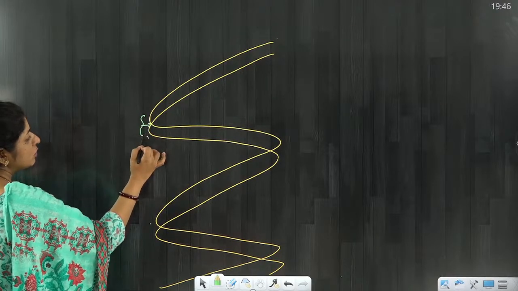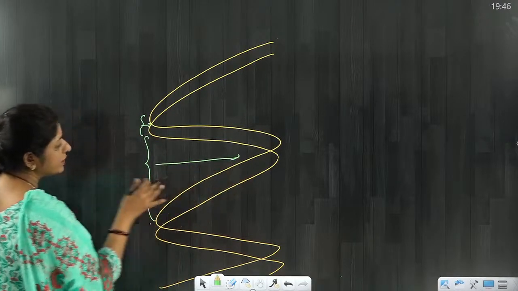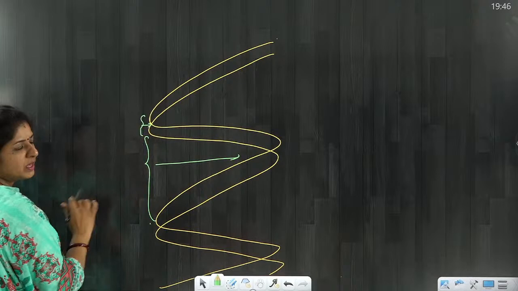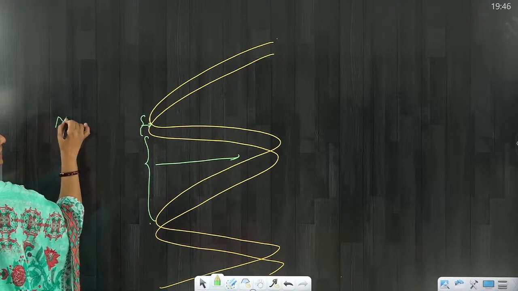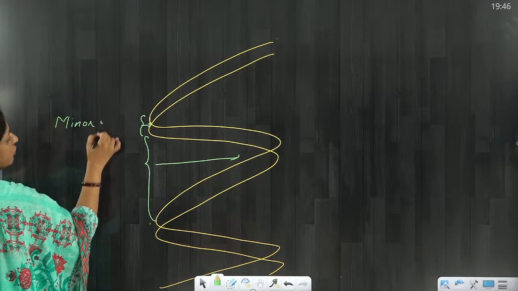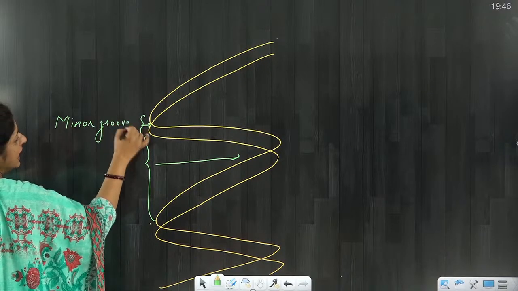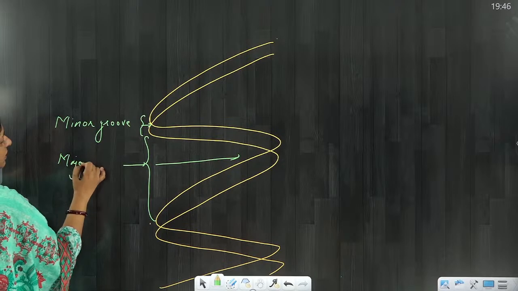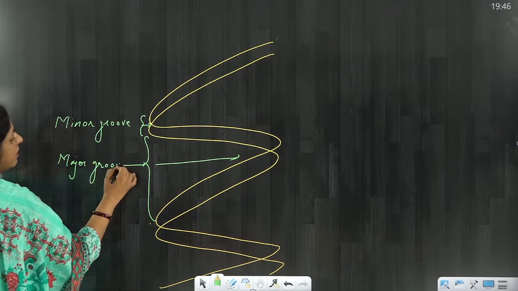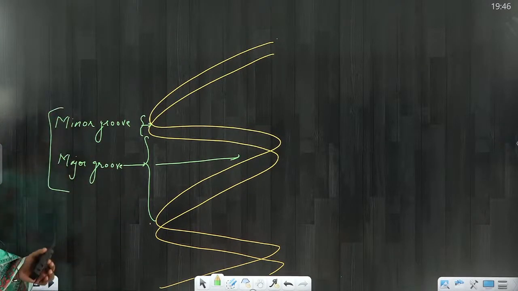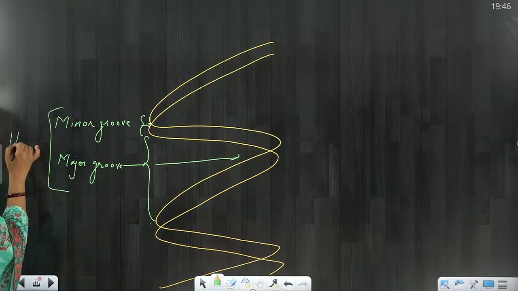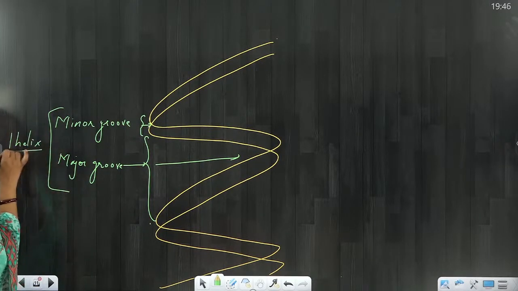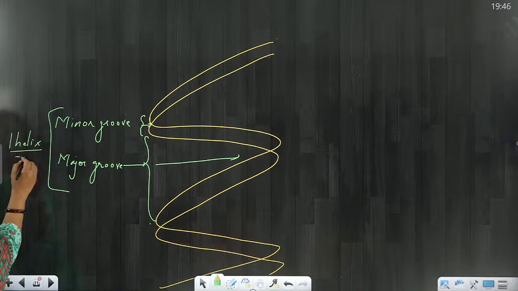This is the minor groove, this is the major groove. Can you see it is deep? It is shallow. This shallow groove you call the minor groove, and this one you call the major groove. One minor, one major, together you call one helix of DNA, one turn.